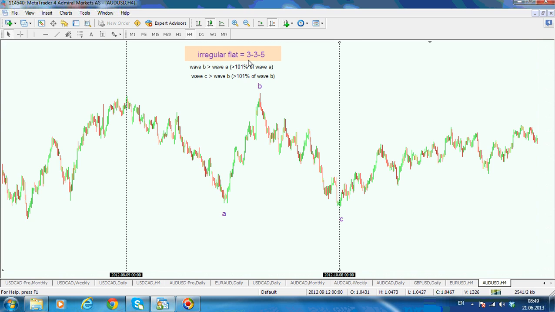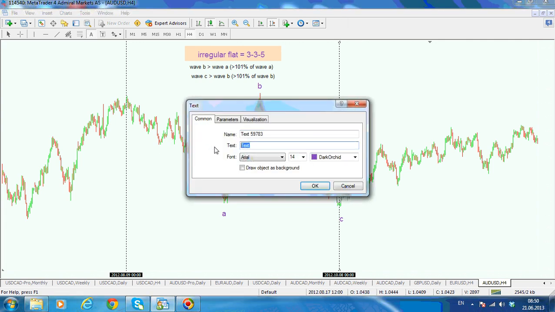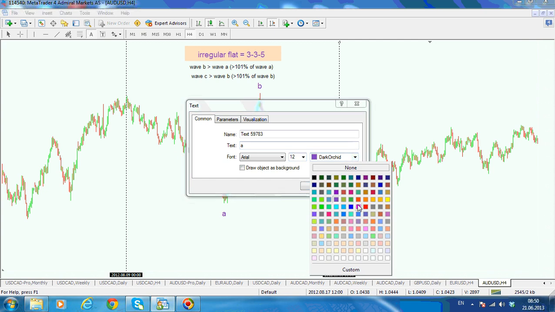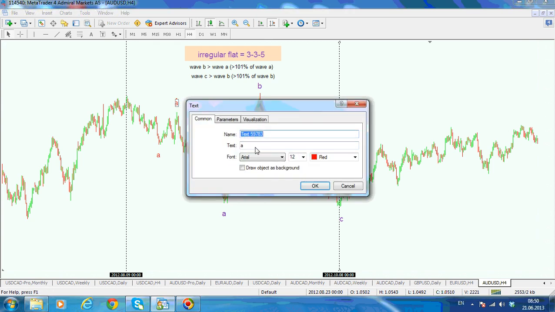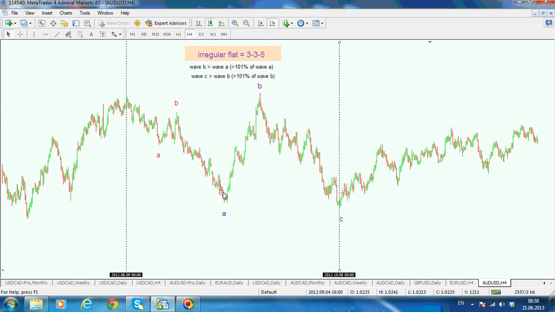3, 3, 5. So I would say that this is a nice zigzag with A being of this degree. So A, and then B, A, B, and C, and this comes in the form of the first three.